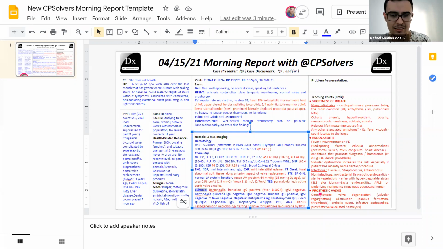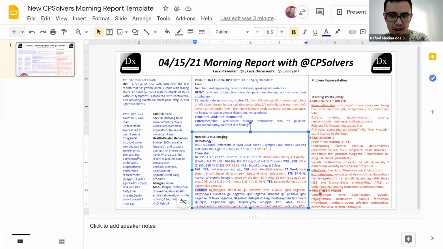And then the discussion talks a lot about the predisposing factors, including valvular abnormalities, for example, prosthetic valves, which was the case, MVP, congenital heart disease, but also conditions that promote fungemia and or bacteremia, for example, IV drug use and dental procedure. So we have to think about two main etiologies when it comes to endocarditis: infections and non-infections.